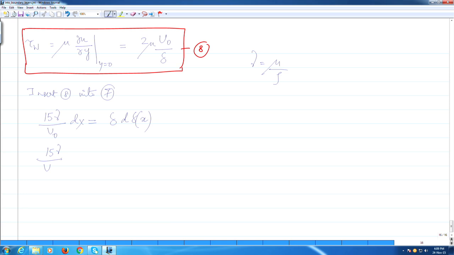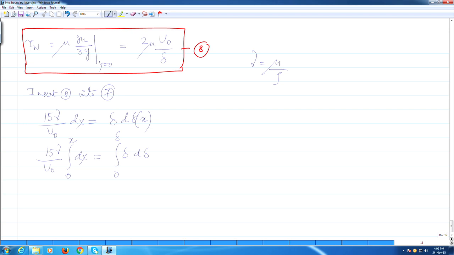So, u naught dx, where x is going from 0 to x and delta goes from 0 to delta. So, delta d delta.